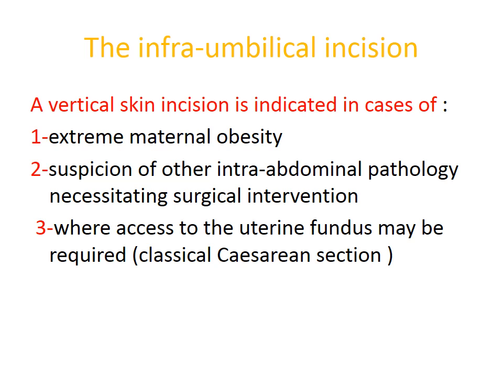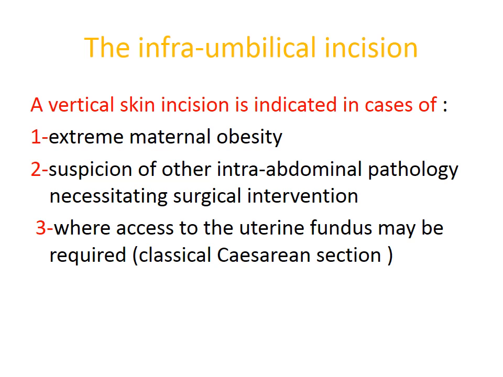One of them is the presence of extreme maternal obesity, or when there is a suspicion of the presence of other intra-abdominal pathologies that necessitate surgical intervention, for example, the presence of an ovarian cyst, mesenteric cyst, or a bowel mass, or any other intra-abdominal pathology, or where access to the uterine fundus is required.